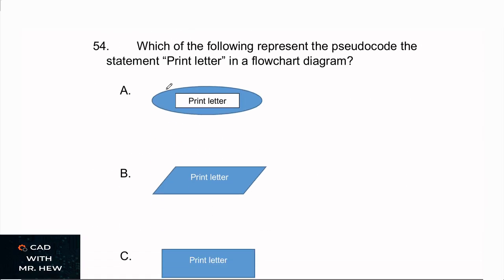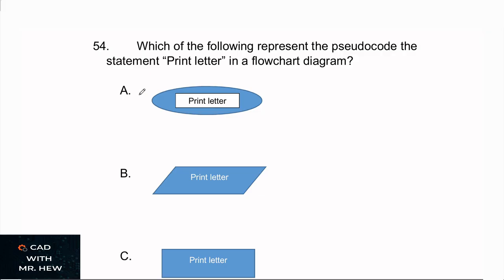All right. Question 54. Which of the following represents the pseudocode for the statement print letter in a flow chart diagram, right?